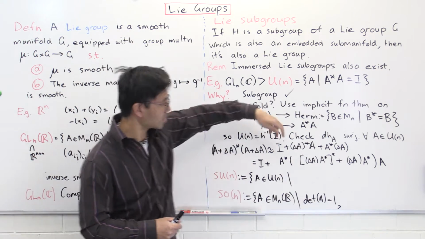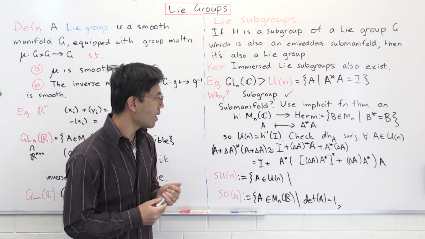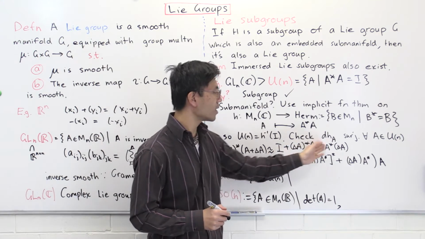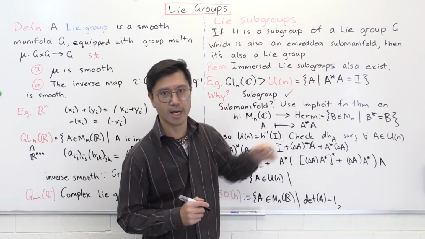So it's this change that we're interested in. Basically what we're trying to say is that this change, the tangent vector, can hit any Hermitian matrix you like.